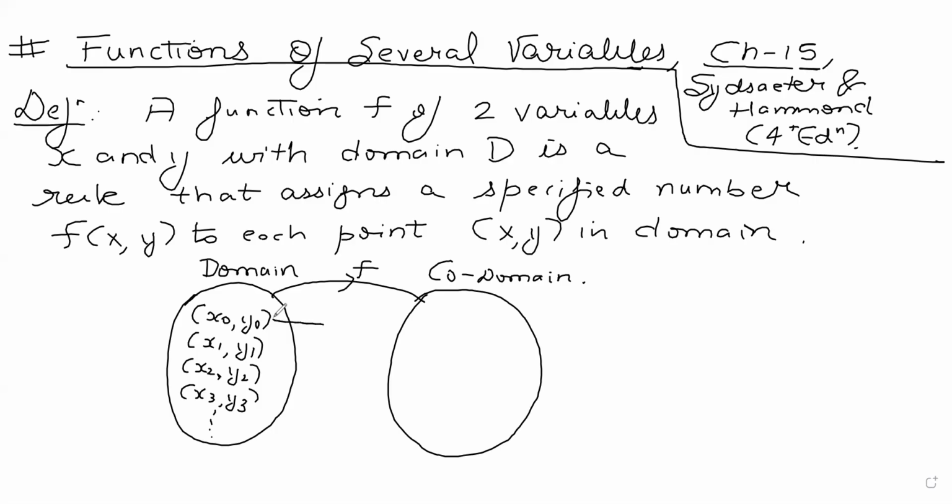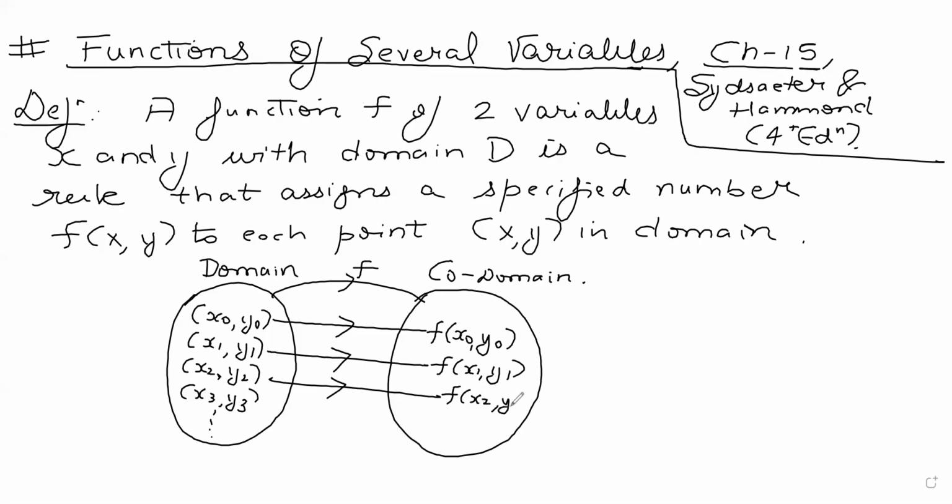So (x0, y0) will be mapped to f of (x0, y0). (x1, y1) will be mapped onto f of (x1, y1). (x2, y2) will be mapped onto f of (x2, y2). (x3, y3) will be mapped onto f of (x3, y3), and so on.